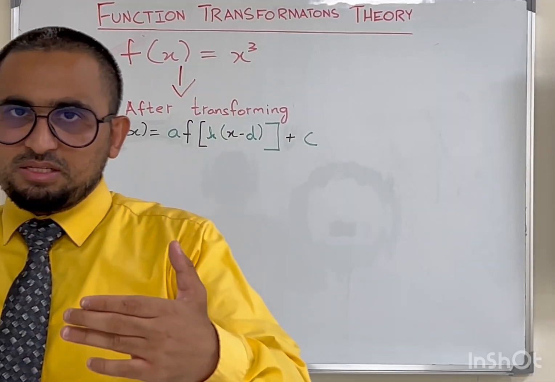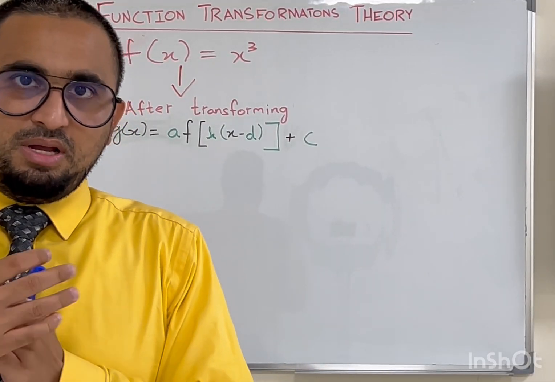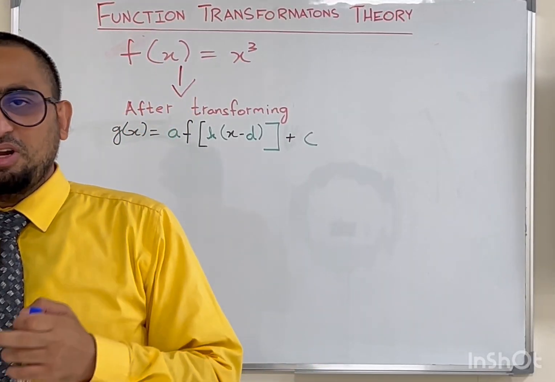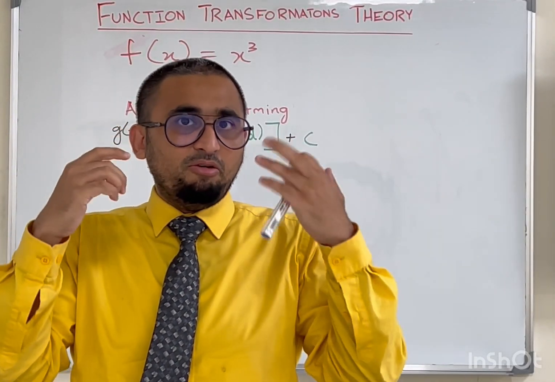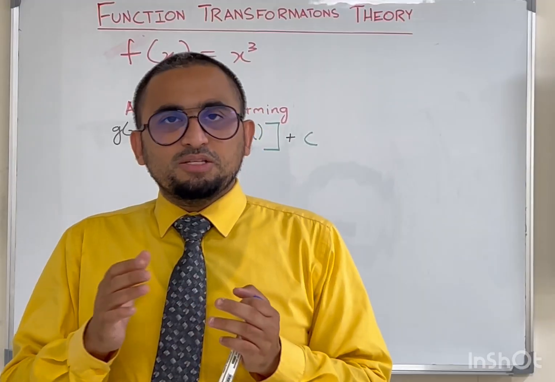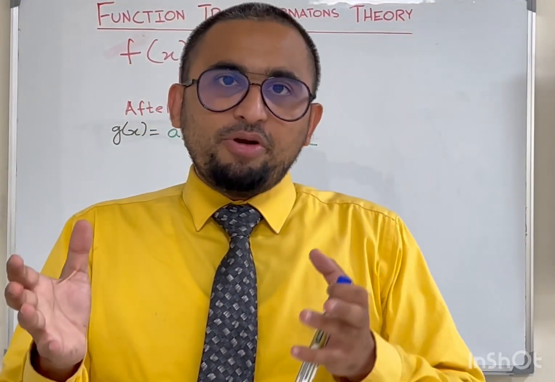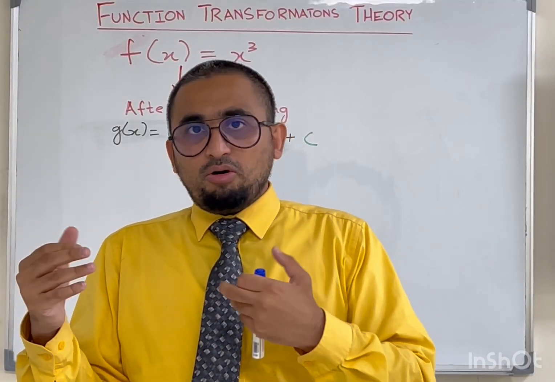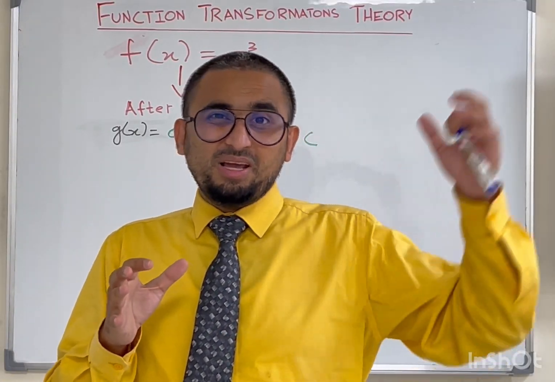Let me relate this with an example of a parent and a child. It's going to give you a good idea of what we are talking about today. Children usually have traits or features just like their parents.